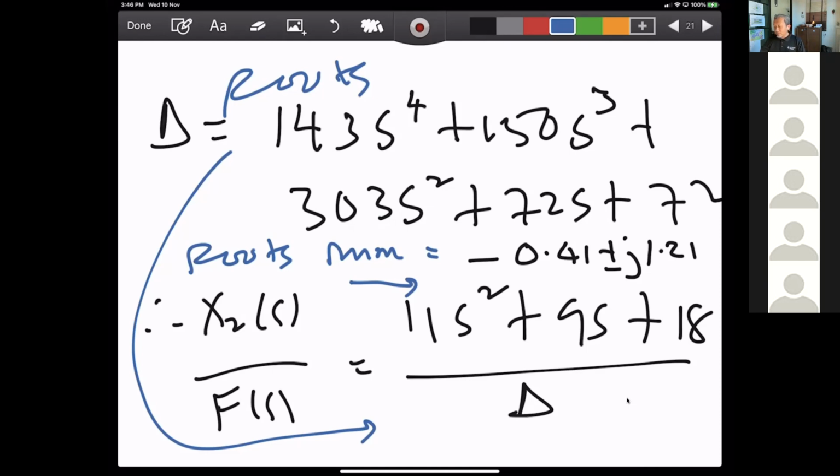Negative 0.067 and negative 0.67 also, but with an imaginary number, negative J 0.54.